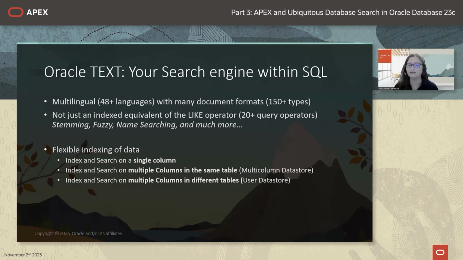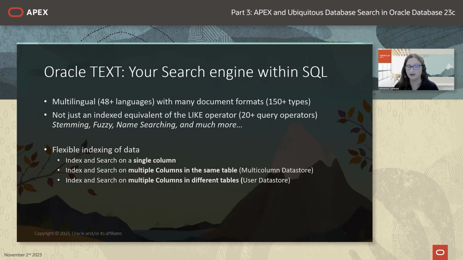So there's a mechanism of picking those up through something called a multi-column data store preference. Now that is a little bit more advanced. And so today we are very excited to show you a new easy mechanism for you to search data across different sources. So that's one of the things we'll be showing you today, how easy that is.